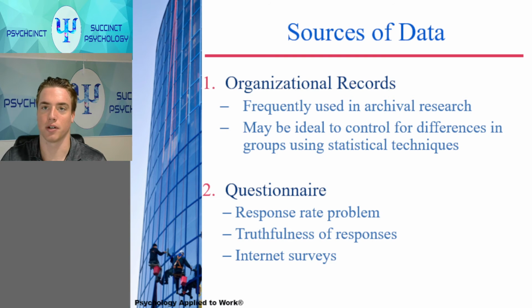Have you ever smoked or done this, or how much do you drink a week? People might lie because they don't want the researcher to judge them and think they're a bad person. So that's an issue because you don't know if you're actually getting 100% truthful responses from your questionnaires.